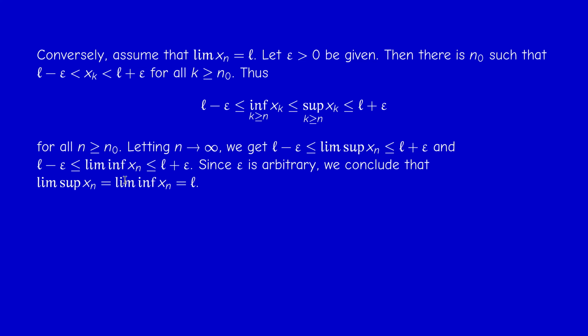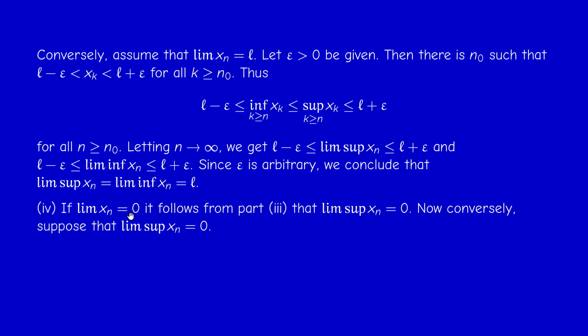Now the fourth property, also we have two implications. xn is by assumption bigger or equal than 0. We have to prove that if the limit of xn is 0, then the limsup is 0. Because this follows from 3, because if the limit exists, it's equal to the limsup and liminf, right?